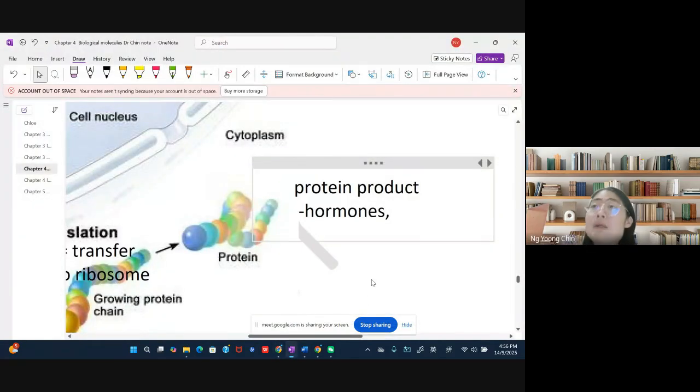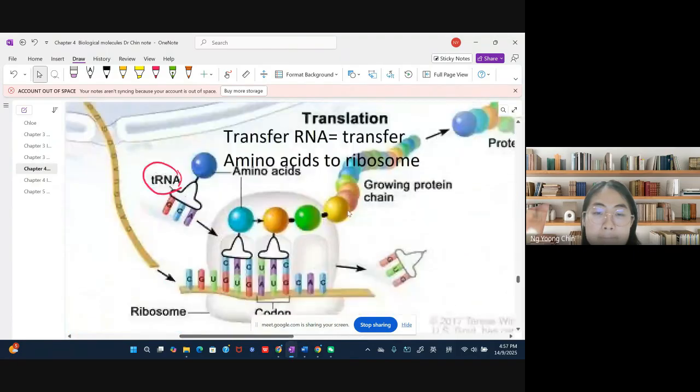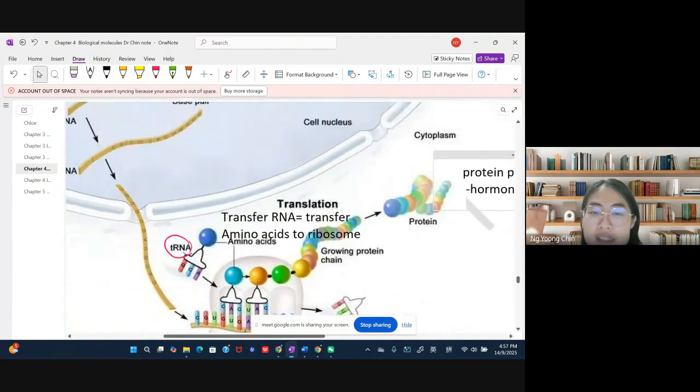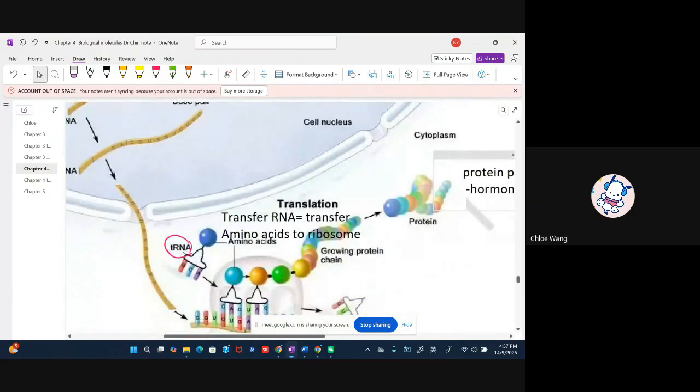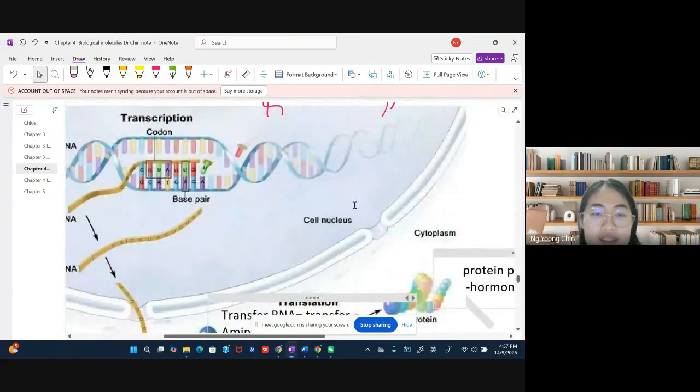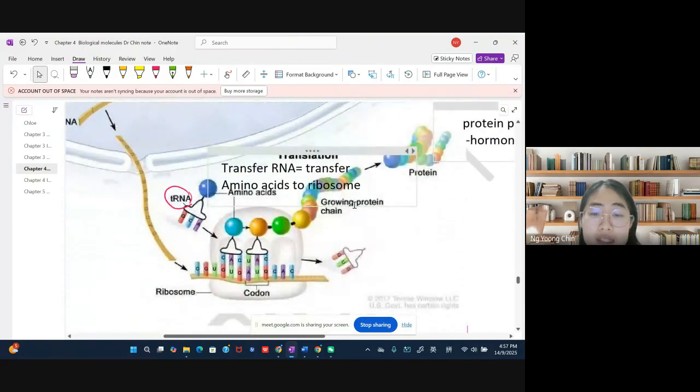So the keratin protein makes our hair increase in tensile strength. So it means our hair is stretchable, not easily broken. Am I speaking too fast for you? No. Okay. If I speak too fast, you can let me know.